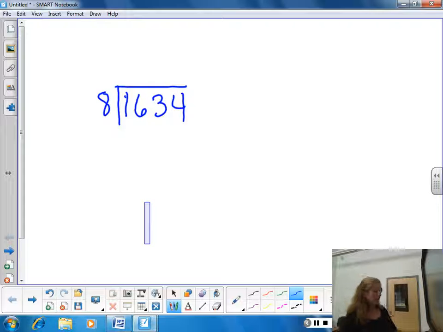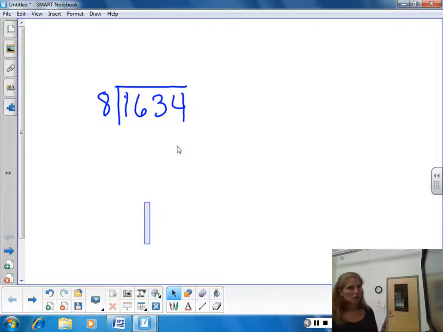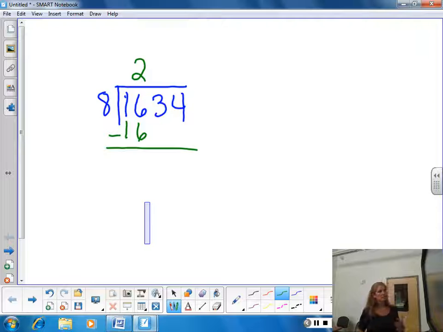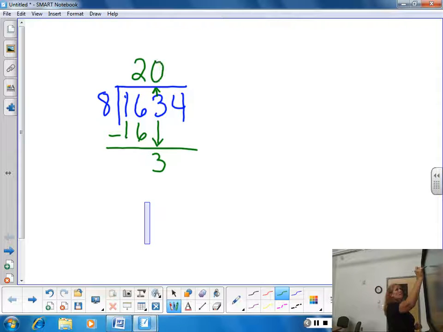Okay, 8 doesn't go into 1, but 8 does go into 16, and it goes 2 times. So 2 times 8 is 16. When I subtract, I get nothing, I get 0. So I bring down 3. Remember, every time I bring a number down, I have to put a number on top. So 8 goes into 3 0 times, so I have a 0 up here.